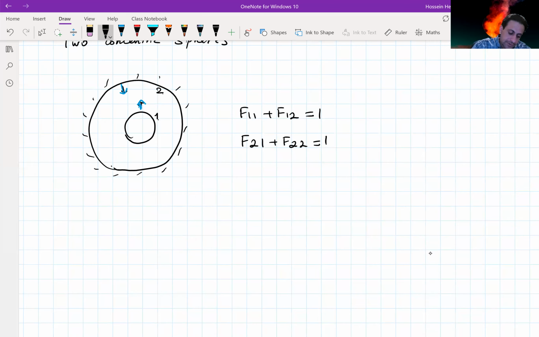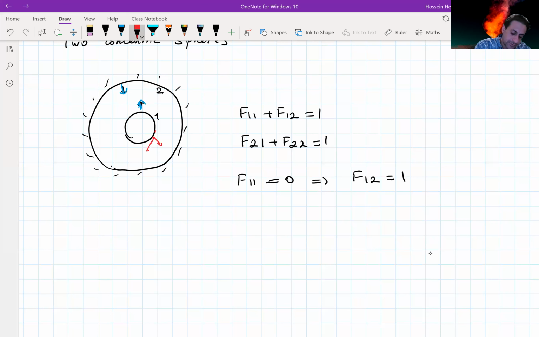Now, surface 1 doesn't see itself at all, so there is no radiation beam leaving this surface that can strike itself. So f11 is going to be 0. What does that mean? f12 is going to be 1.